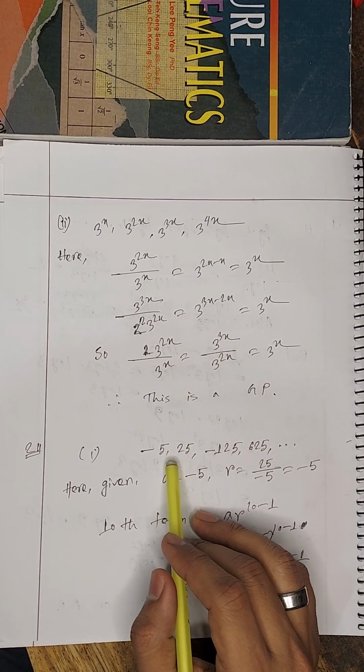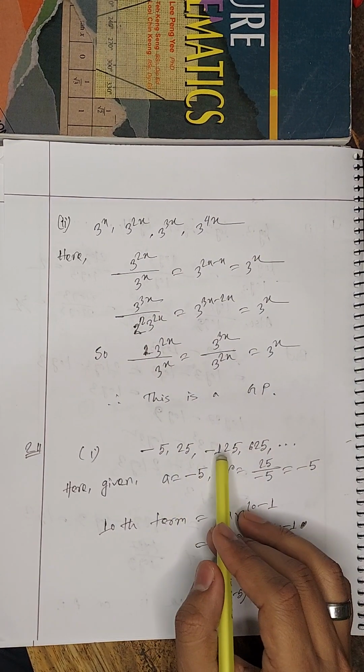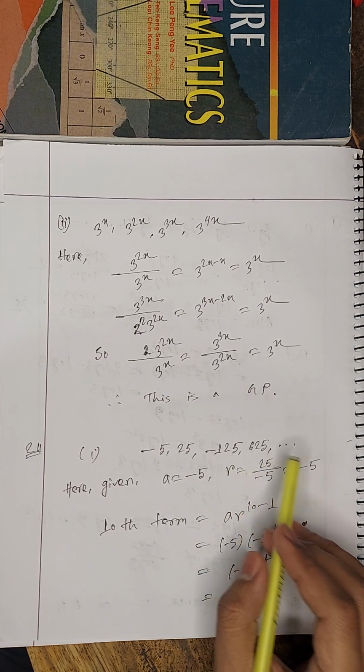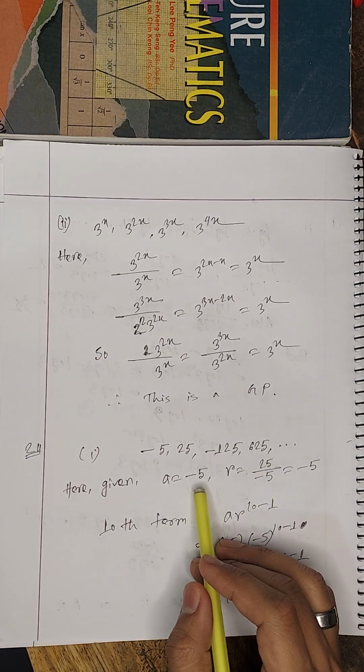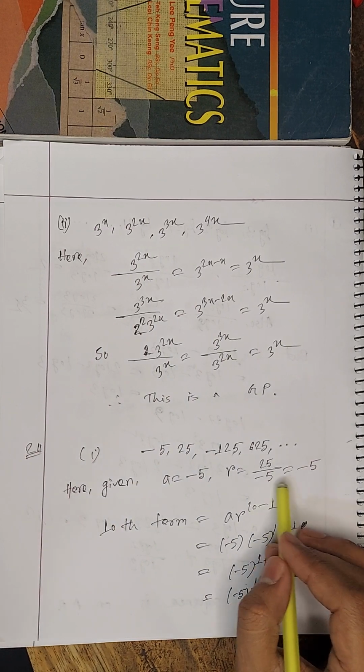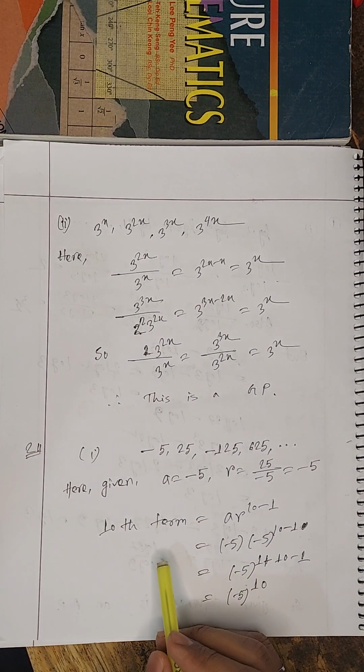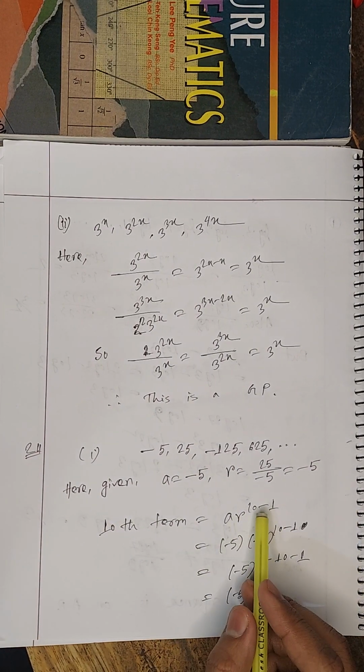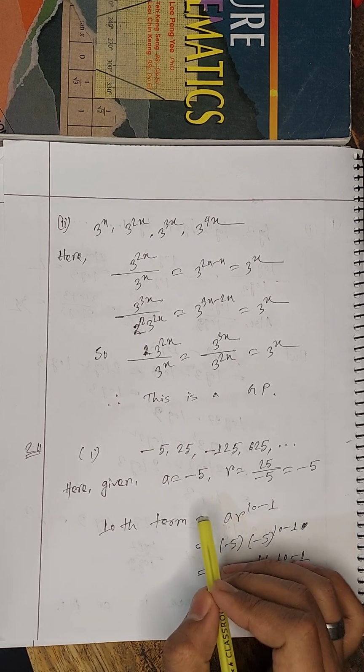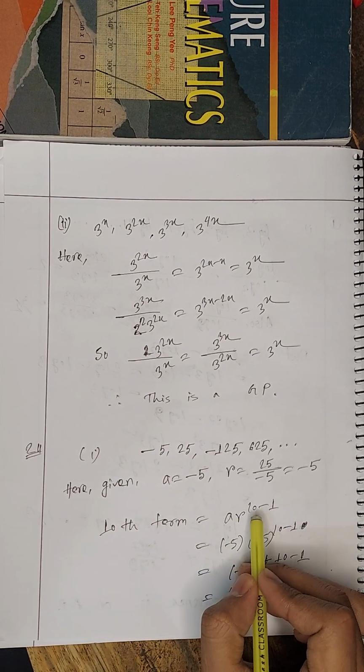Now this is another sequence: minus 5, 25, minus 125, 625. Here the first term is minus 5, and the ratio 25 divided by minus 5 is minus 5. We know the formula of the nth term, AR to the power n minus 1. So the value of n will be 10 here.